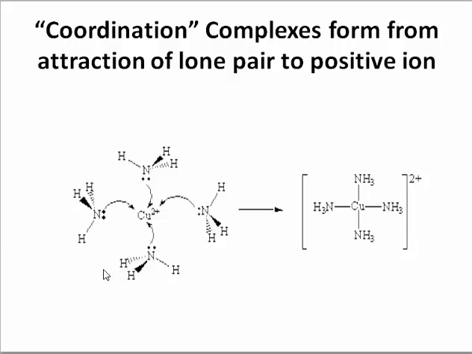So the formation of this 4-ligand complex may be looked at as the result of 4 successive reactions, which result in the formation of the complex ion, which again has a net charge of positive 2.